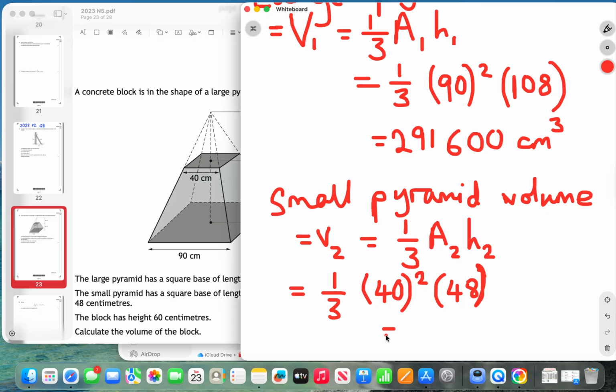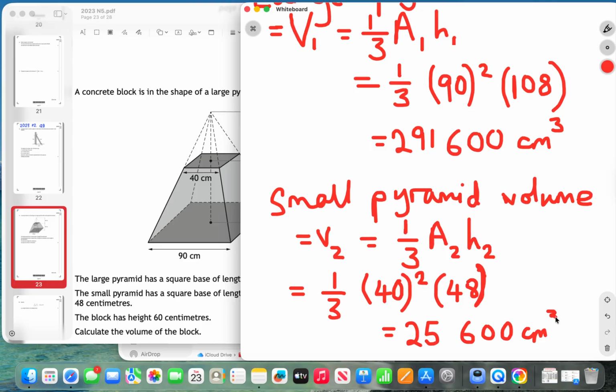And if you plug this one into the calculator, you get 40 squared times 48 divided by 3. That one is 25,600 centimeters cubed.